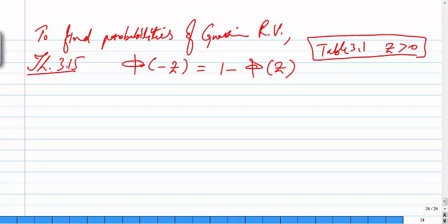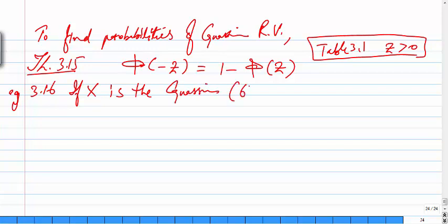Now example 3.16, we continue with the same one, and we say that x is the Gaussian 61 and 10 random variable.